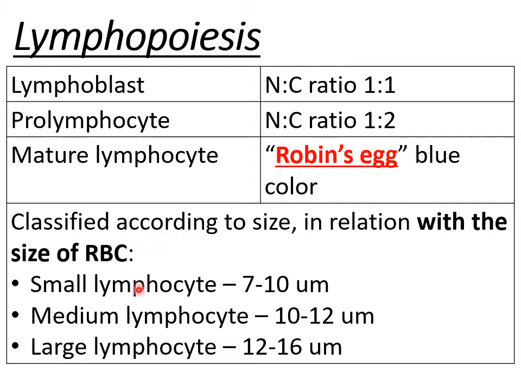So, yung mga lymphocyte natin will depend on the size nga ng RBC. Kapag magkasing size sa RBC, tinatawag nating small lymphocyte. Okay? Kapag mas malaki ng slight, medium lymphocyte. Kapag times 2 ng size ng RBC, doon natin tinatawag na large lymphocyte. And this large lymphocyte is also called as activated lymphocyte. So, sila yung mga active during times of infection.